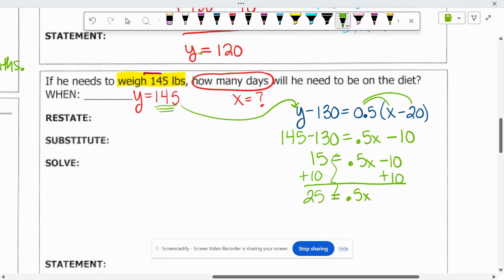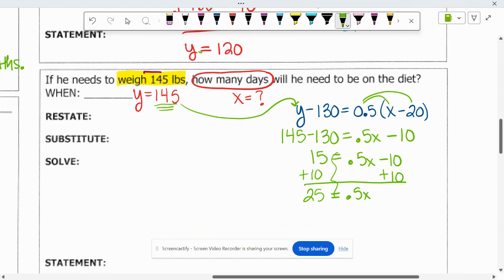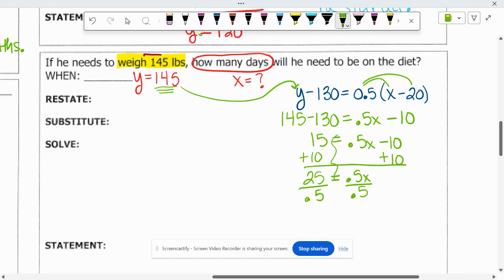Christian, how do I get x all by itself? What do I have to do? Divide by 0.5. So 25 divided by 0.5. 50, good job. So 50 equals x.